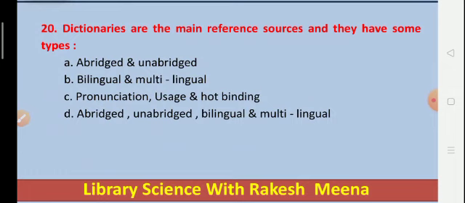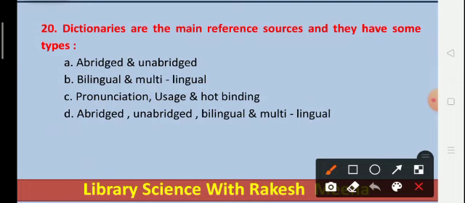So tick the correct and most appropriate answer, guys, quickly. The correct answer is option D, which gives the types of dictionaries: RBs, non-RBs, bilingual and multilingual. Yes guys, dictionaries are also of multilingual and bilingual types.